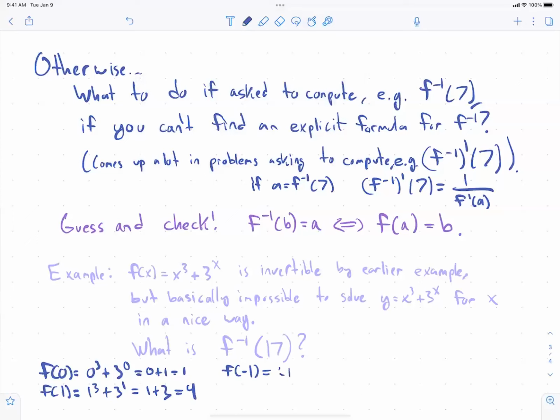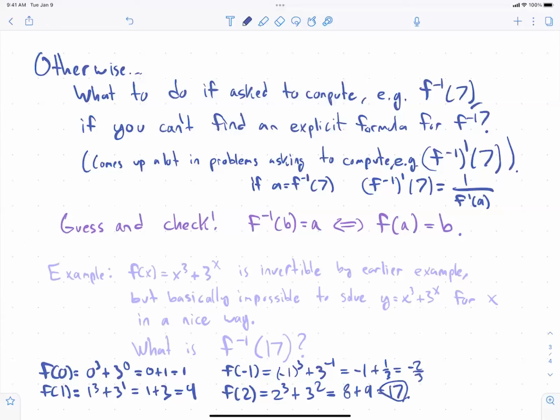That's minus 1 cubed plus 3 to the minus 1, so that's minus 1 plus 1/3, that's minus 2/3. That's not what we're looking for. Let's try f of 2. Now that's 2 cubed plus 3 squared. That's 8 plus 9, which is 17. Aha, that is what we're looking for. So f inverse of 17 is equal to 2.